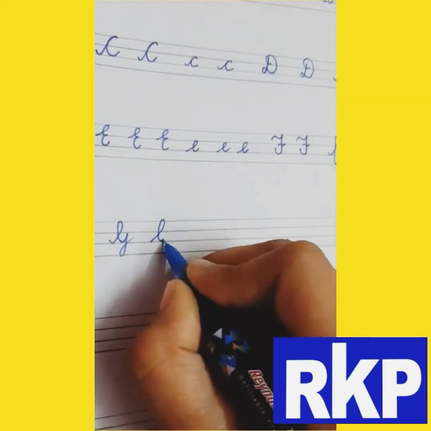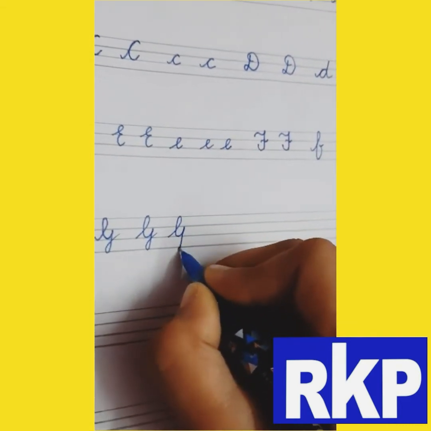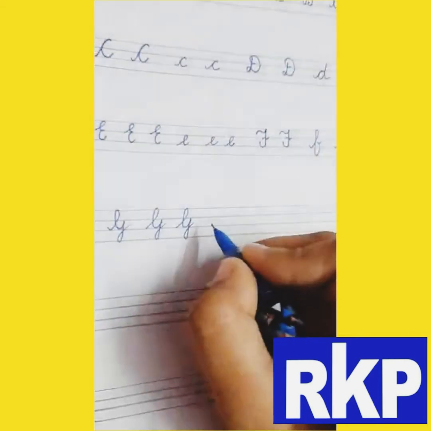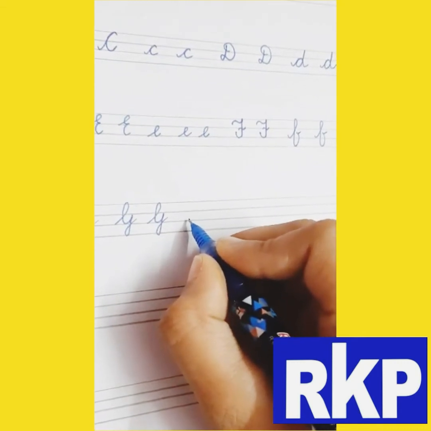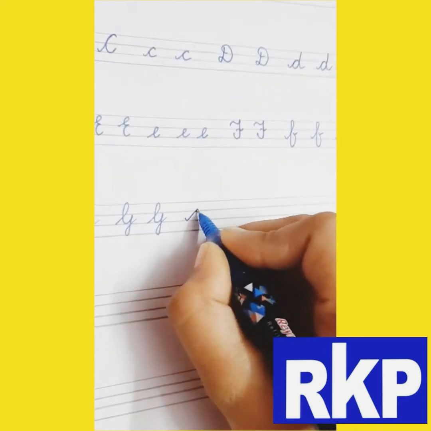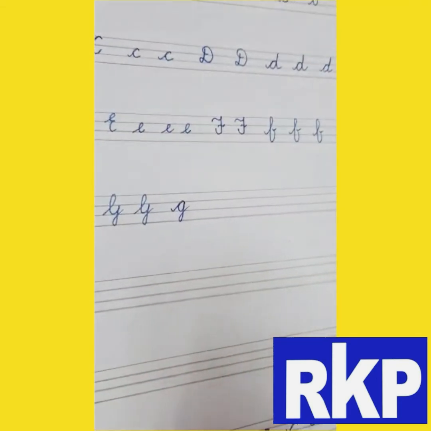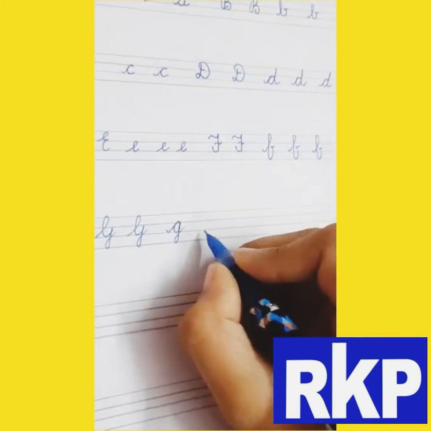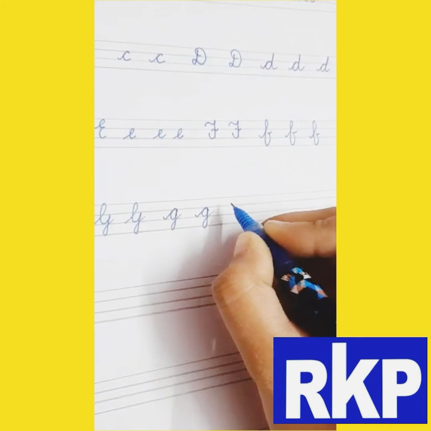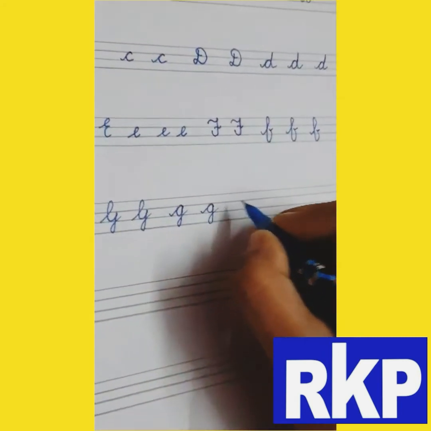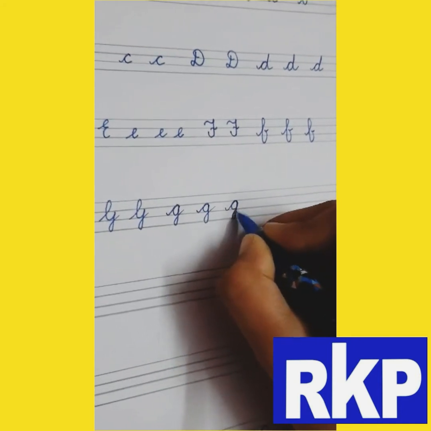Again, capital G. Small g, for small g, we'll take a curve, C and this. Again, take a curve, make a C and this. One more time. Do you want me to make? Yes. Curve, C and this.